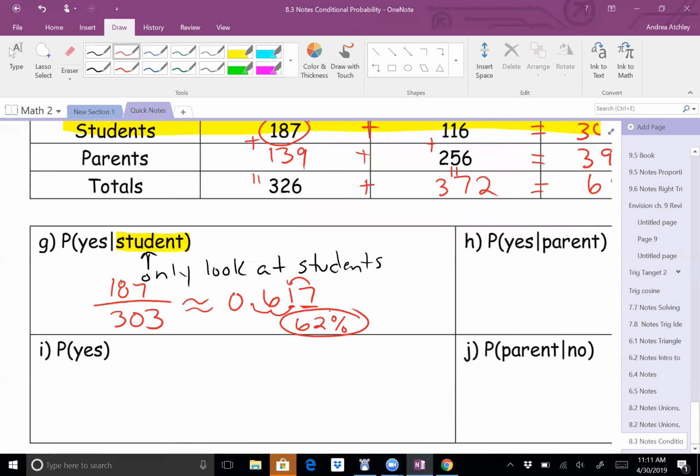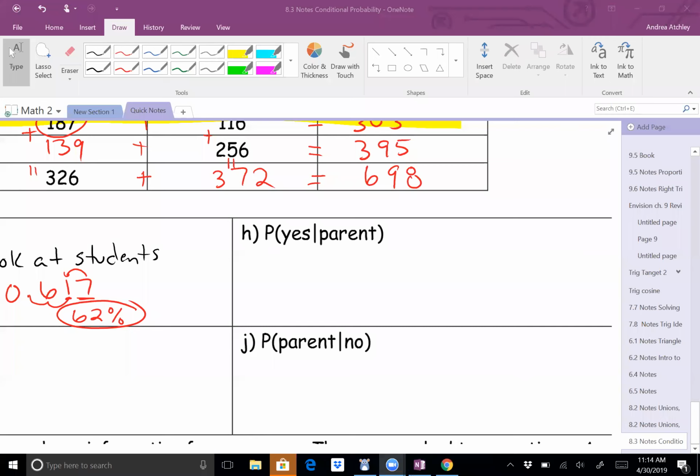You guys do H now. Okay, who got H? What was our fraction for H?